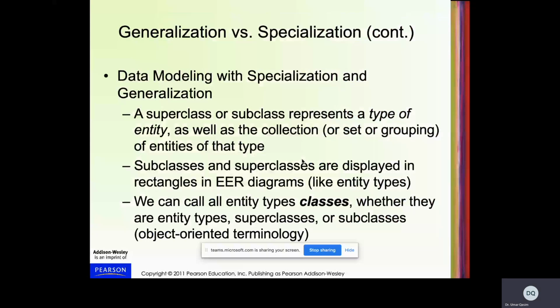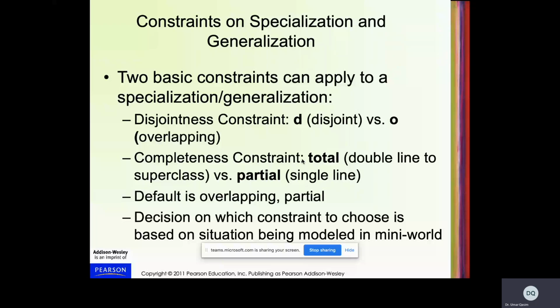Now there are some constraints, like the two constraints in relationships. Similarly, in specialization, one is around disjoint versus overlapping.